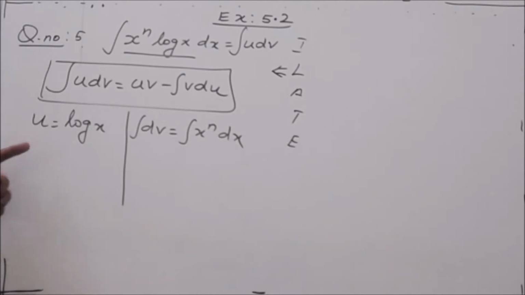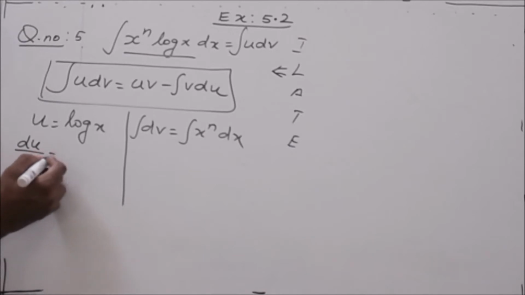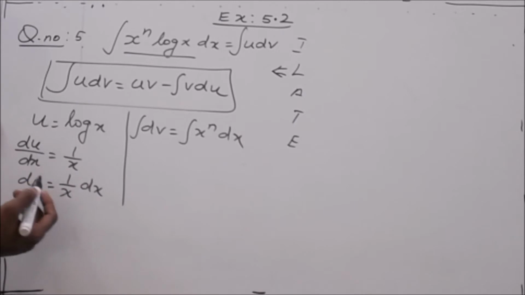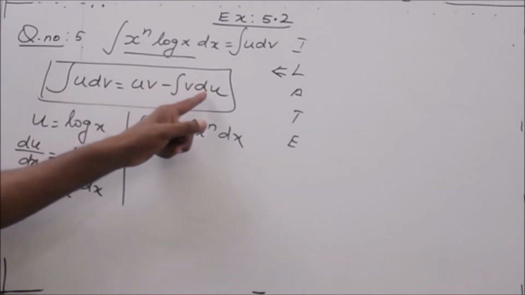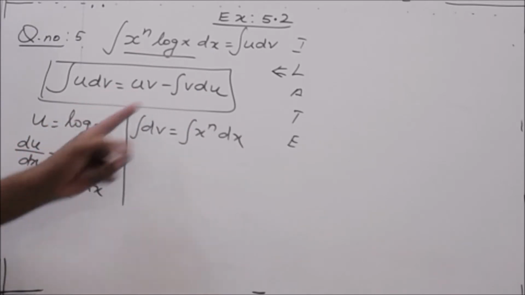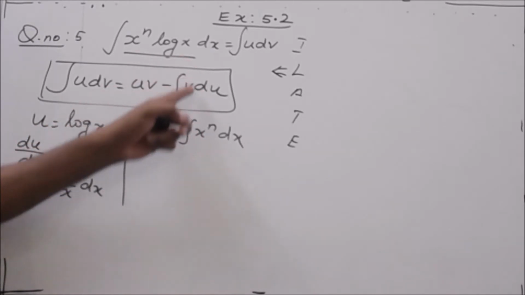Now we need du, so differentiate this. du by dx is equal to 1 by x. Then du equal to 1 by x dx, because we need a du here. We have u, and then du we found, and then we need v.